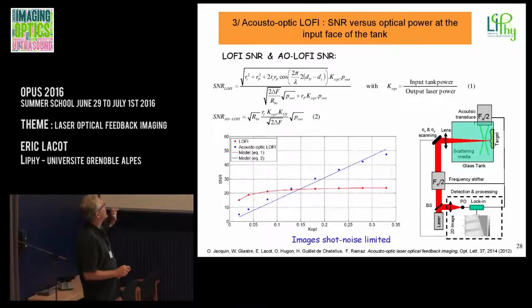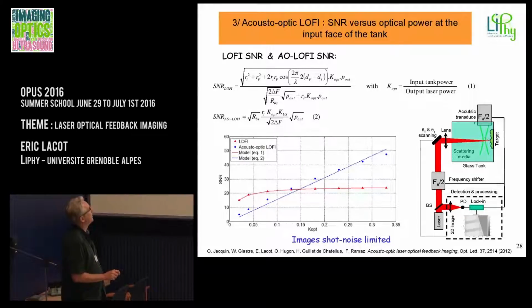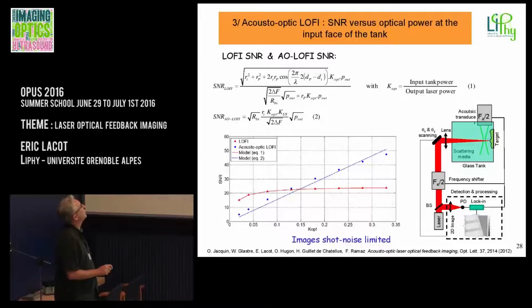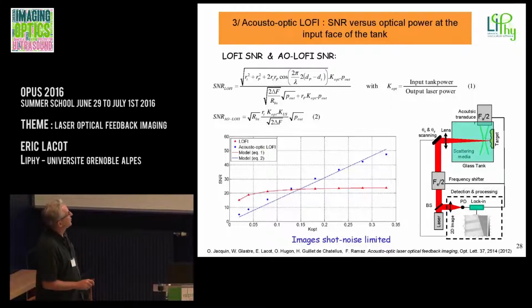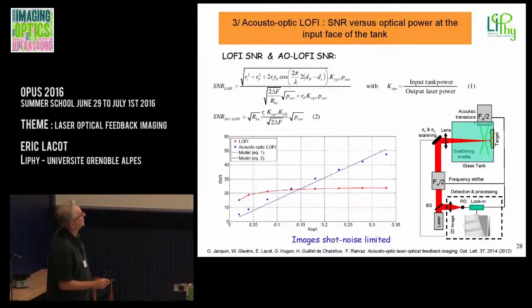Here is the equation for the signal-to-noise ratio of the LOFI setup with the parasitic echoes, which are present in the signal and also in the noise, and the signal-to-noise ratio of the acousto-optic LOFI when acoustic photon tagging is used. We made the experiment where the parameter given here, K-opt, is the ratio between the laser incident power on the target, just here, divided by the total laser output power.